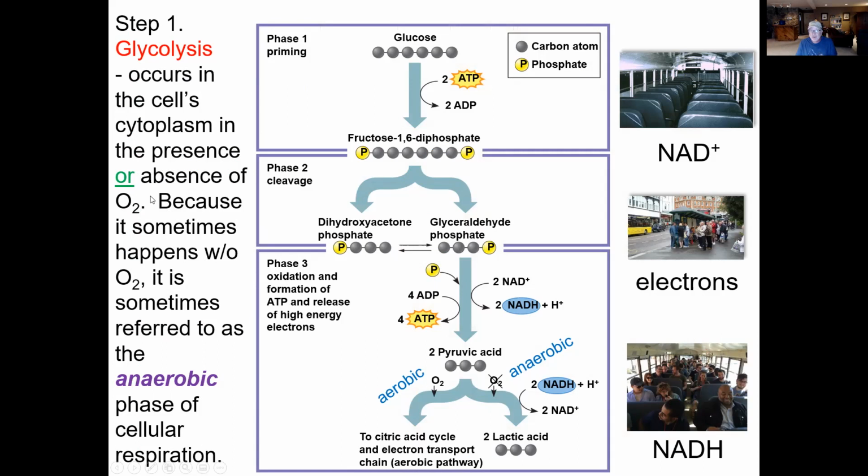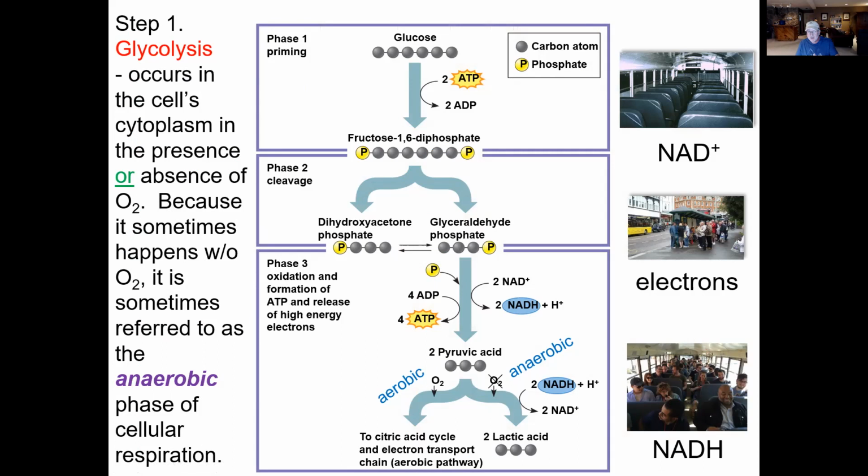A few minutes ago, you heard me say aerobic cellular respiration. Aerobic means in the presence of oxygen. Most of the time, our cells have adequate oxygen available to go the aerobic route, which means they can proceed through all 3 stages: glycolysis, citric acid cycle, and electron transport chain.